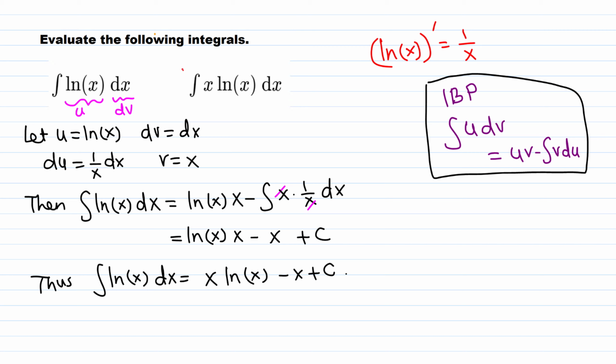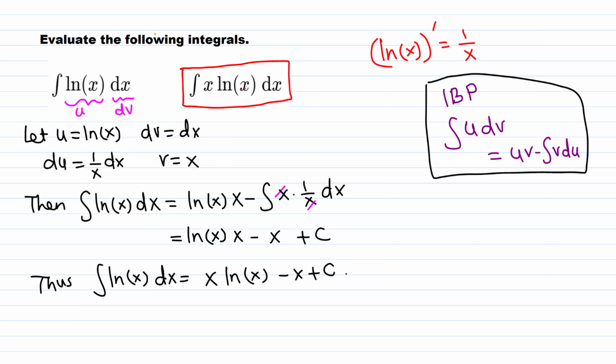Now let's do the same thing for the second problem, which is almost the same. Here we have x times natural log of x. This one is clearly a product, and a product means we can try u substitution. Generally we would try the inside for u, so u would be x, but the derivative of x is 1, which would not take care of this x.